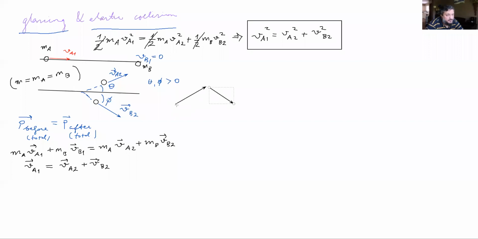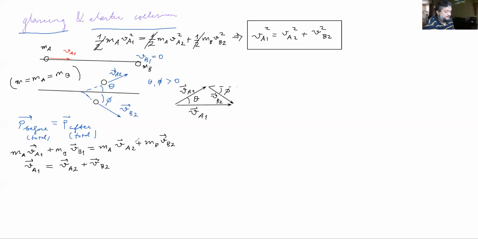If you add them up, you get the original velocity of A. VA2 and VB2. This is theta, and this is phi. All right, so it is a vector equation, which means actually it is two equations in one.